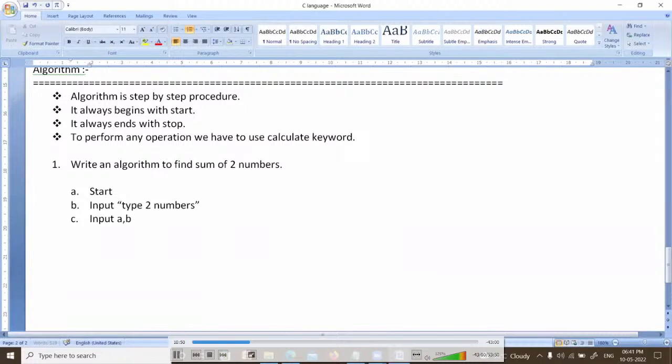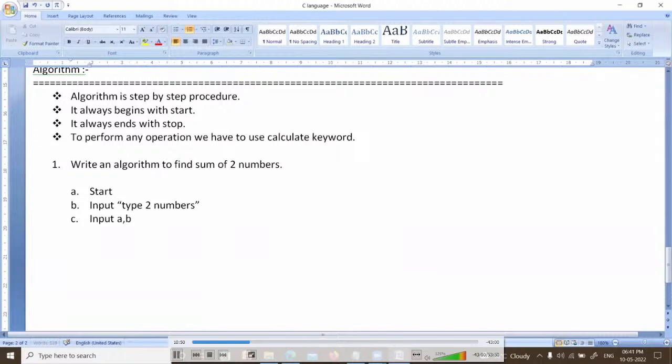To print this message, we have to use display or print message. Display command or print command you can use. After reading A, B, you can find the sum. How to find? You have to use calculate. What you are going to find? Sum. What is the formula? A plus B. It is the formula.